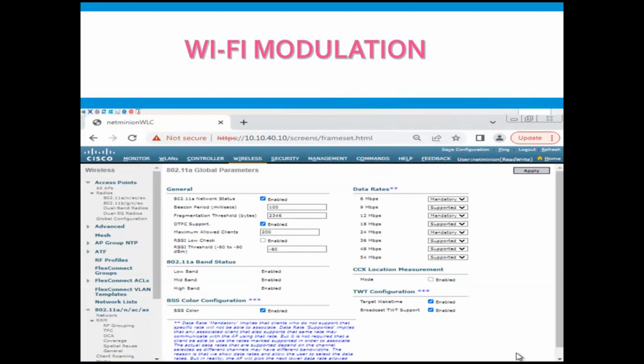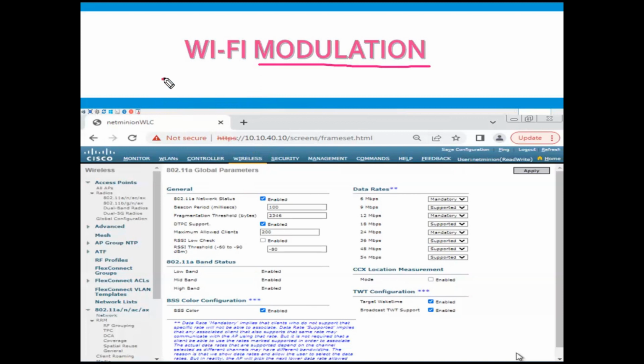So let me tell you, there is one thing named modulation. Modulation means what? What your wireless does, it modifies something. What does it modify?